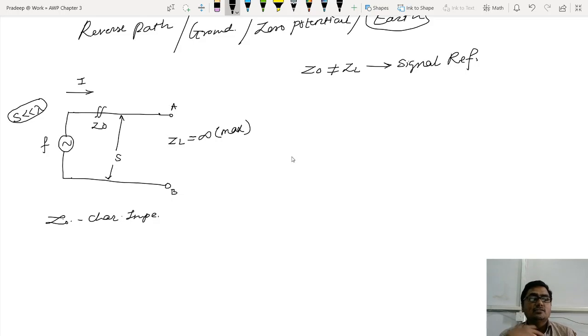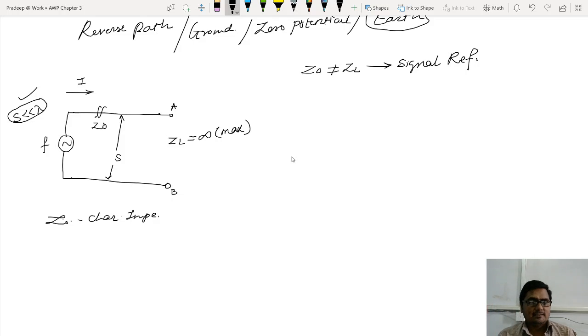Then only it is called a transmission line. Otherwise, we can't say it is a transmission line. I am satisfying this because I want it as a transmission line. The space S is very small compared with lambda, so now I can call it a transmission line.